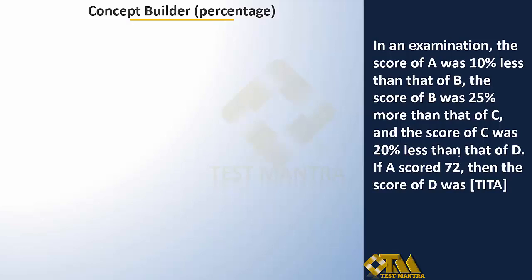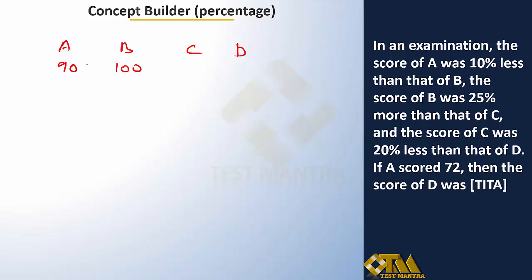If A scores 72, I know A was 10% lesser than B, so let's fix B here. I'll consider A, B, C and D. So I'll fix B. As we have seen in the first basic rule, I'll keep the value as either 100 or 1, so let's keep this as 100. Then this value is supposed to be 90, as it is 10% lesser.